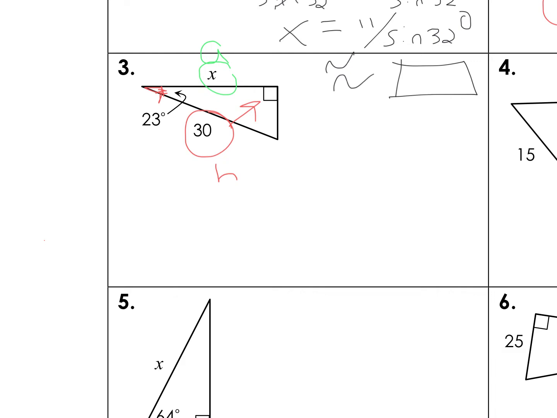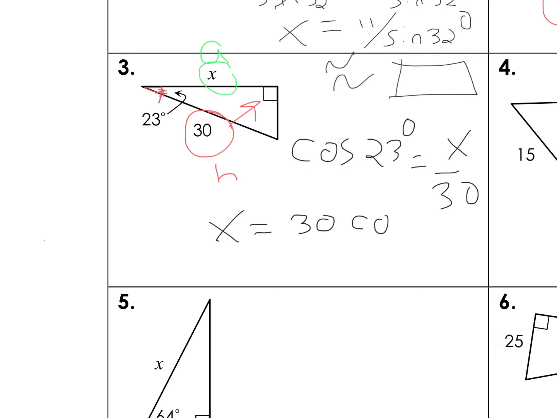What trig function uses adjacent and the hypotenuse? It is the cosine. Of which angle? Of only the 23 degrees will be x over 30. Final exact answer will be 30 times the cosine of 23 degrees. You key it in.